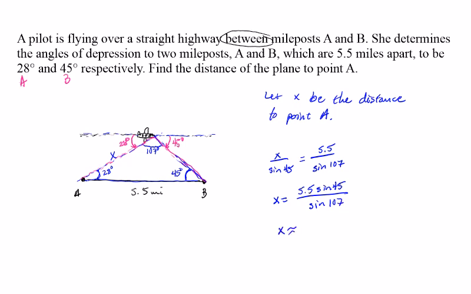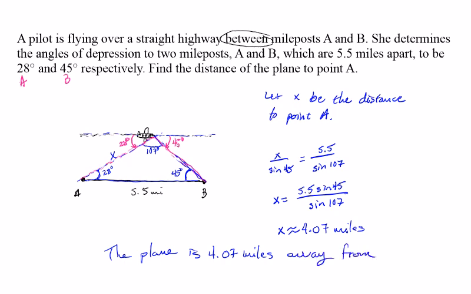And x is going to be approximately, and if you plugged in your calculator correctly, approximately 4.07 miles. So we can say the plane is 4.07 miles away from point A.